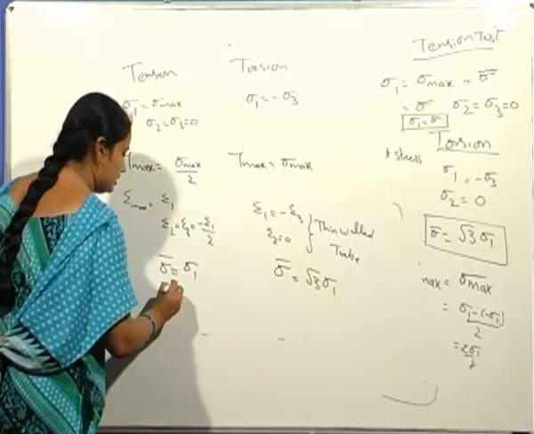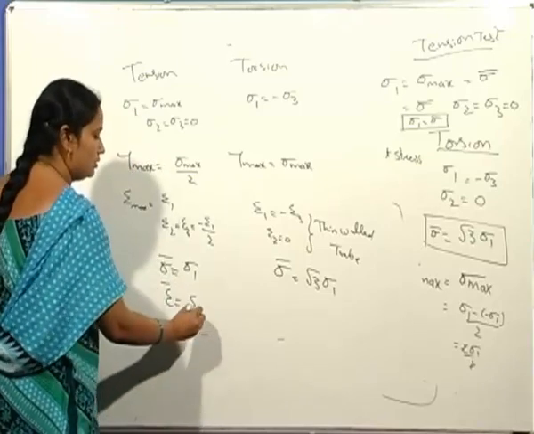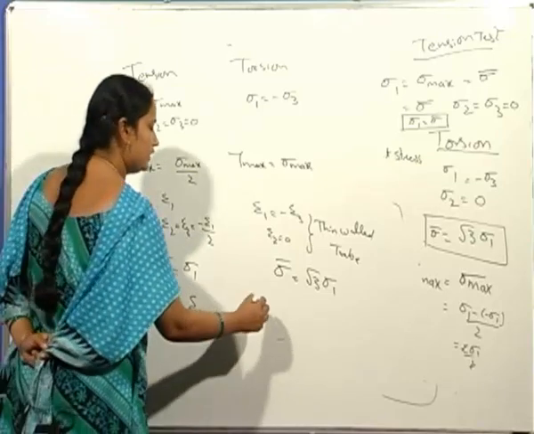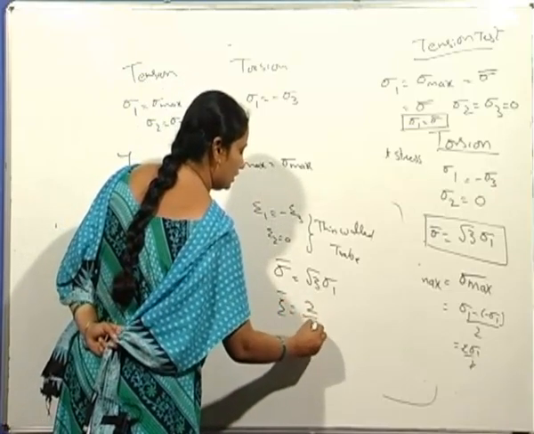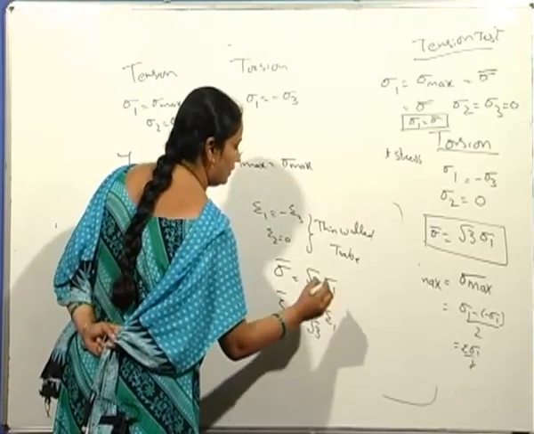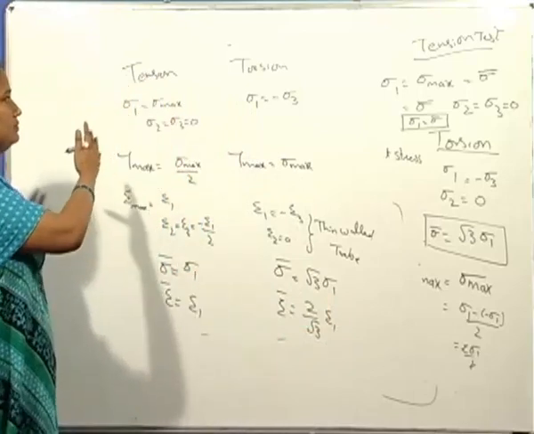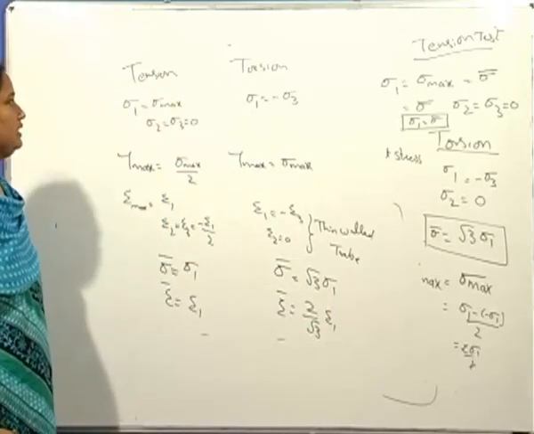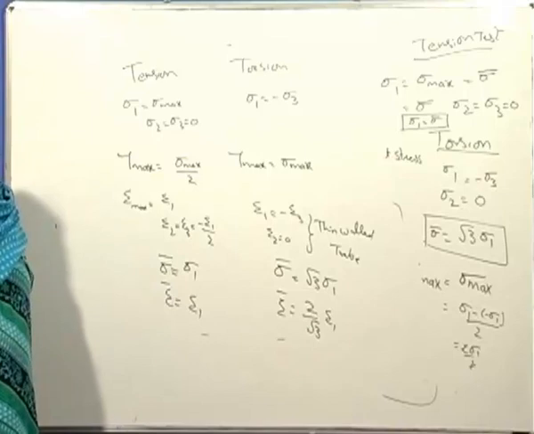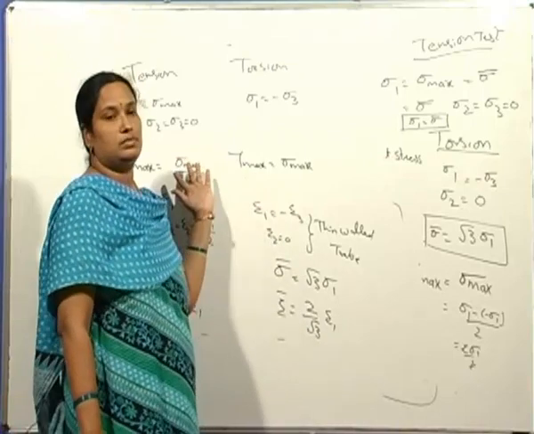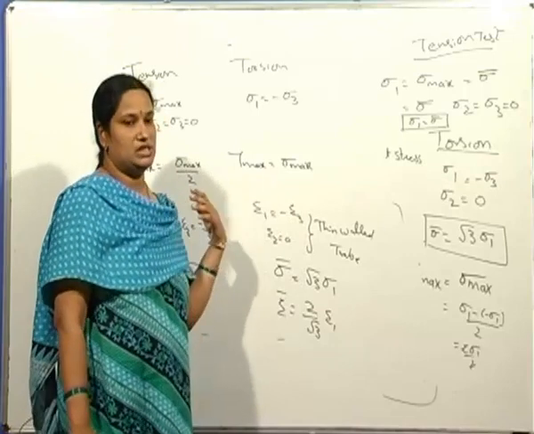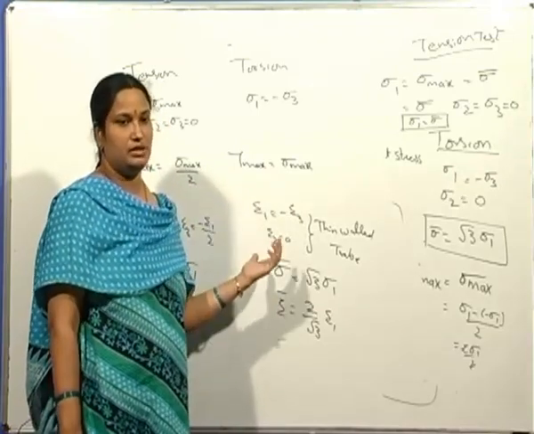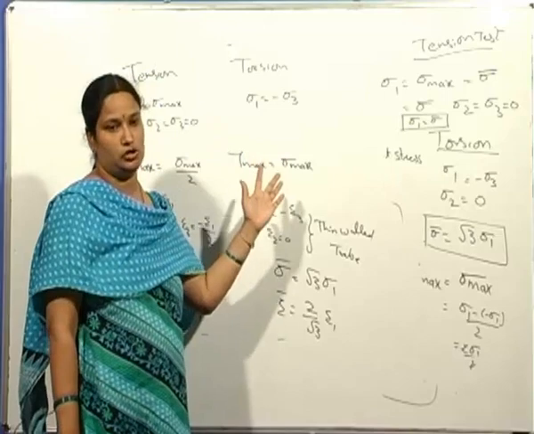Effective strain is equal to epsilon 1, and here the effective strain or equivalent strain is equal to 2 by √3 times epsilon 1. So these are certain differences between the tension and torsion. So these are the certain observations that were made with respect to the state of stress and the state of strain in the case of tension and torsion.